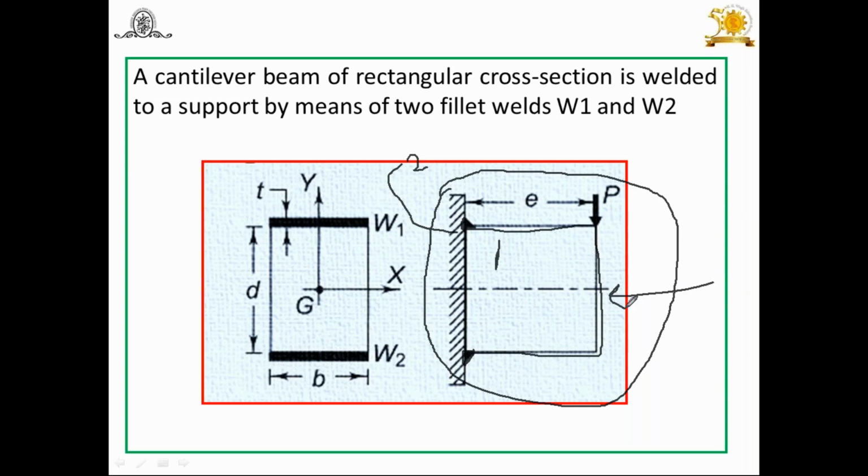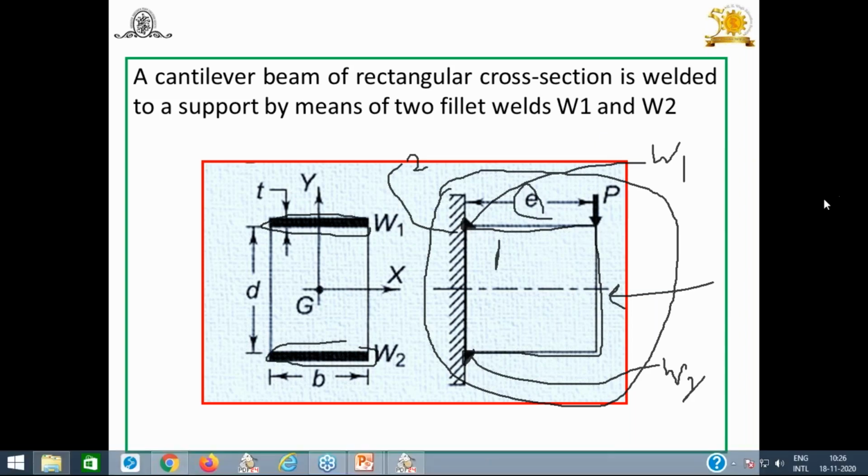If you observe from this side, you will find weld 1, or W1, and at the bottom weld 2, W2. When it is subjected to the load P at a distance e, bending stresses are going to be induced in it.